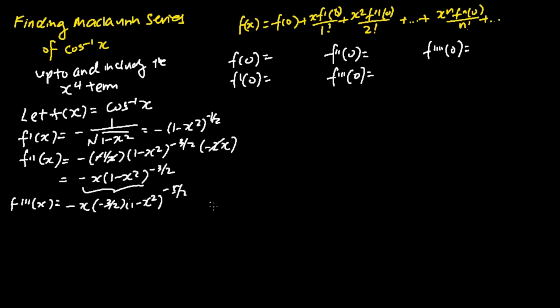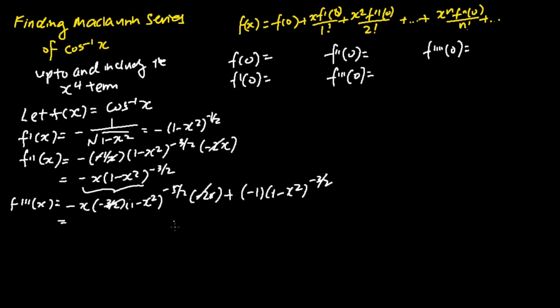Differentiating the inside, which is 1 minus x squared, we get negative 2x. And then we work on the second part of the product rule of differentiation, which is differentiating negative x, we get negative 1, and then we keep just 1 minus x squared to the power of negative 3 over 2. And hence we get the next set of answer.